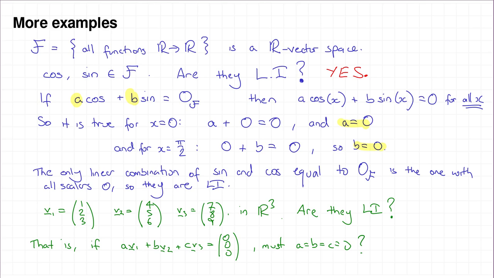So the way you can do this is simply you can work out what this vector is, and you can set that equal to 0.